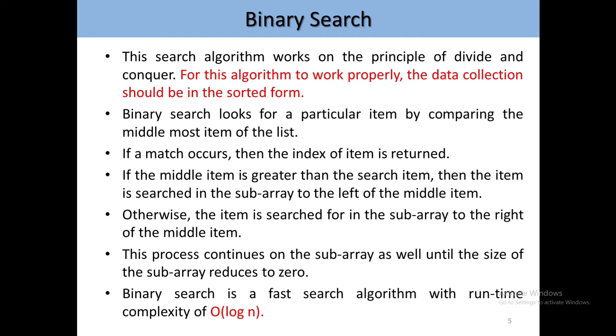Whereas if the search key is greater than the mid element, in that case we will simply ignore part 1 and concentrate on part 2, that is from the mid element to the upper limit. This process is repeated recursively until we find the element or until the list cannot be further divided. So this is the working principle of the binary search algorithm.